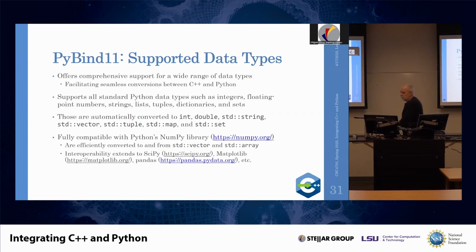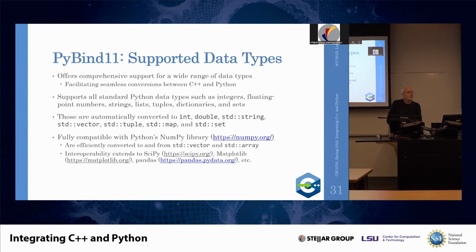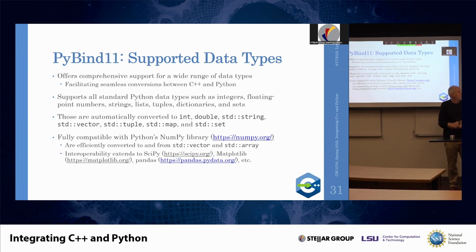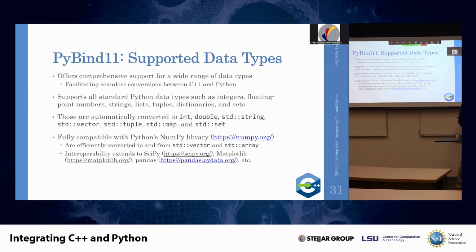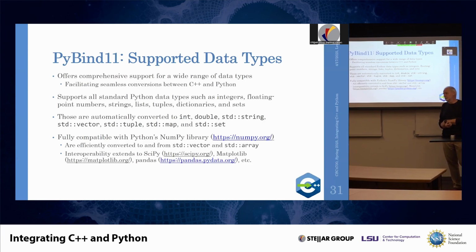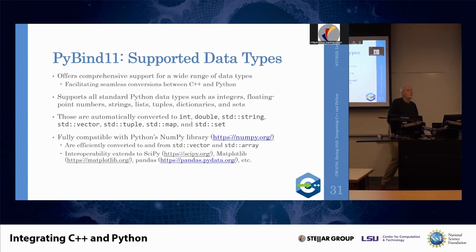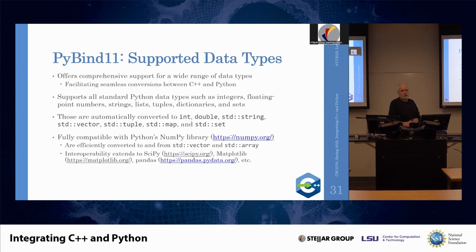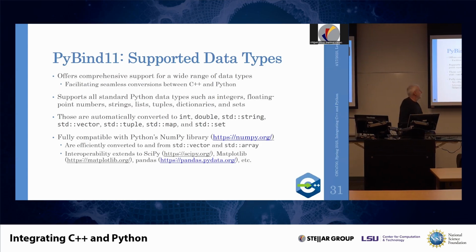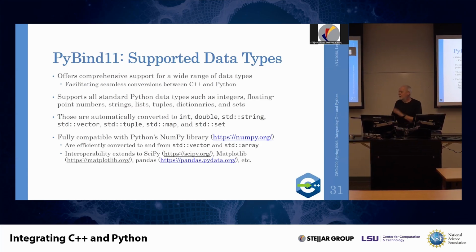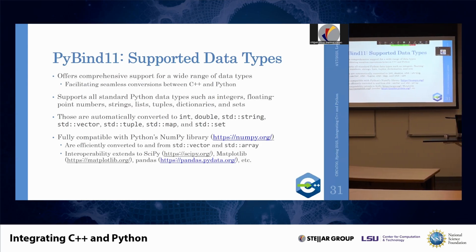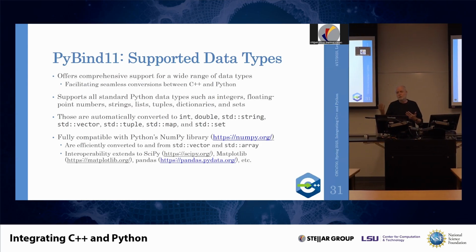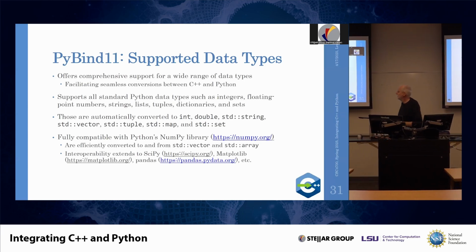Let's talk about what data types are supported for the bindings. As you already seen, essentially it supports all built-in data types of C++: integers, floats, doubles, and so on. It supports all Python types: lists, dictionaries, tuples, strings, floating point numbers, integers, everything Python has as built-in types you can use directly, and they will be mapped to the corresponding C++ type right away.